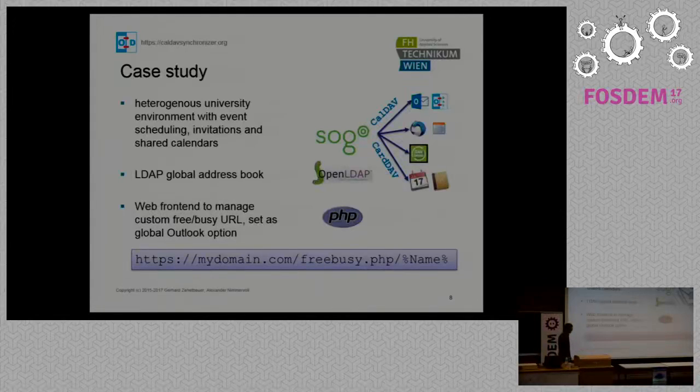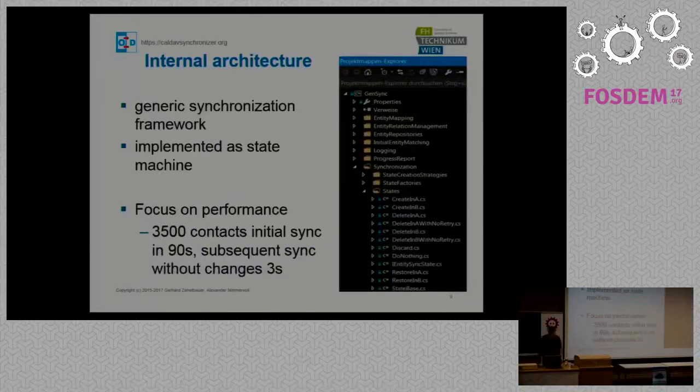And with that, together with the address book, you can configure a global Outlook where the placeholder name is mapped to the individual contact, and you can add attendees to meetings, check their availability and schedule meetings with that. So it works rather well and quite similar to an Exchange setup. So this is a nice feature.